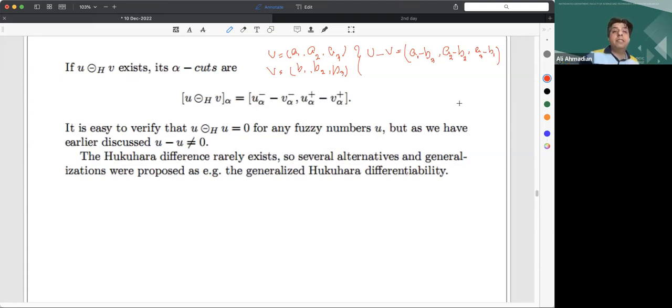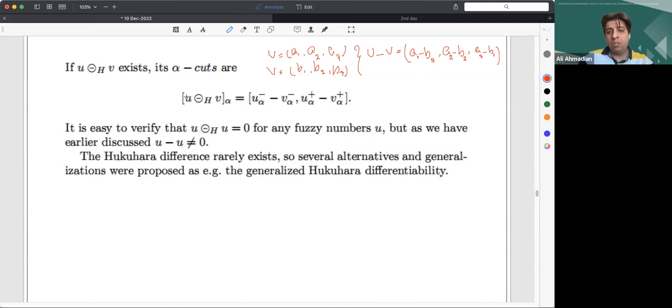And I insist on the fact that if you want to work on fuzzy differential equations, you should perfectly understand the concept of the fuzzy Hukuhara difference, fuzzy generalized differentiability, and these different differentiabilities that are based on this Hukuhara difference. Otherwise, your outputs will be wrong.